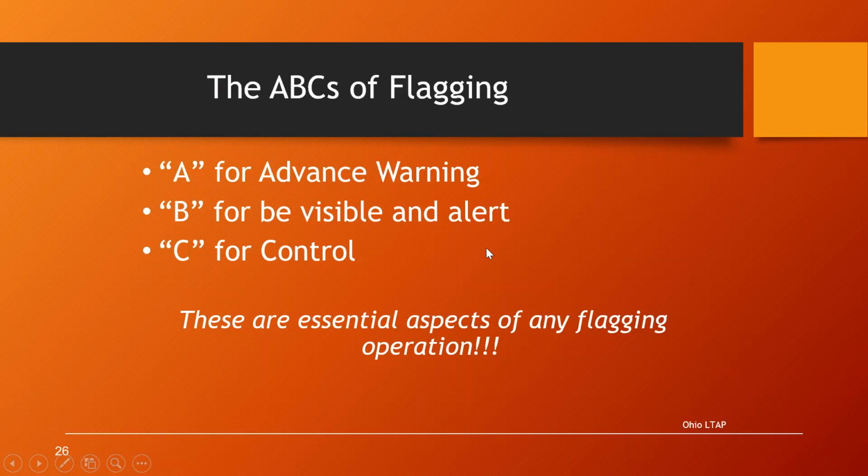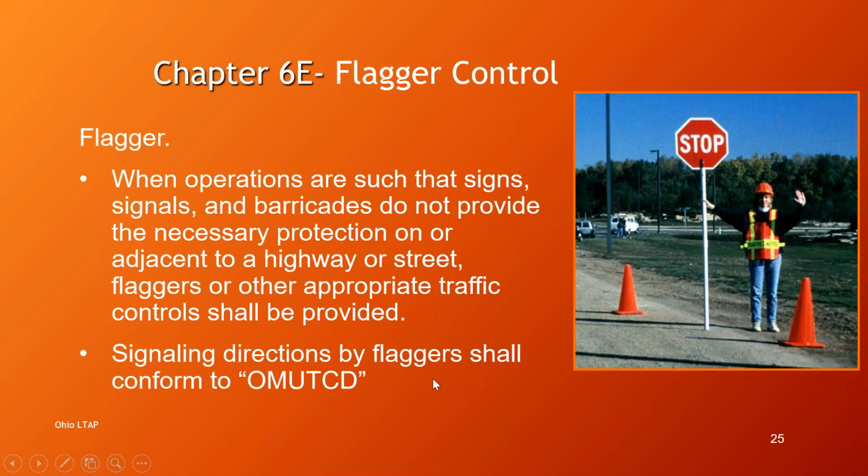So in chapter 6E, you'll see that it talks about why and how we set up flagging operations, and it goes into detail about your signaling directions and how to stop, slow, and release traffic.